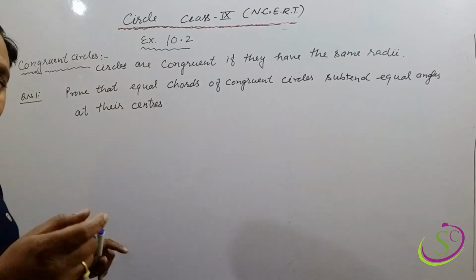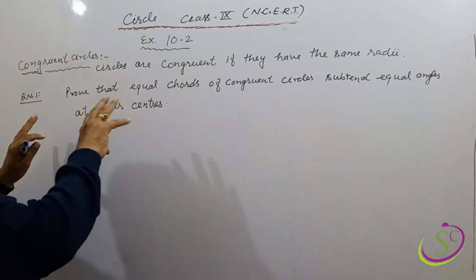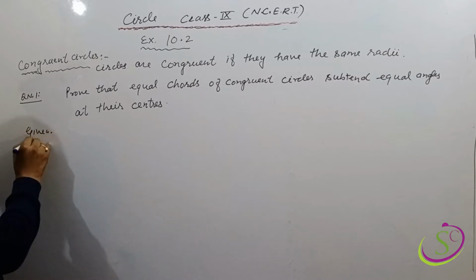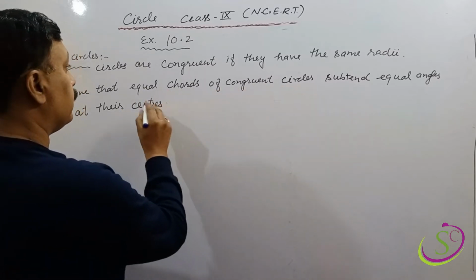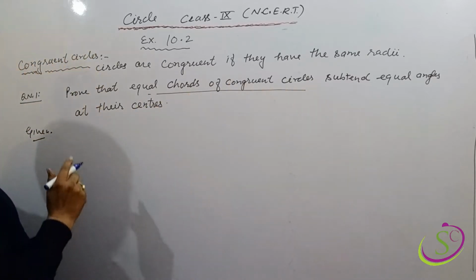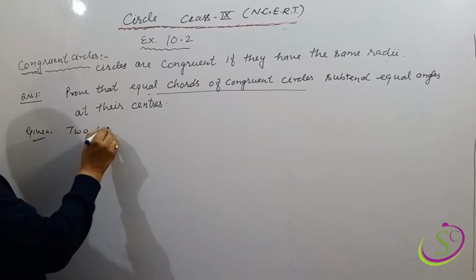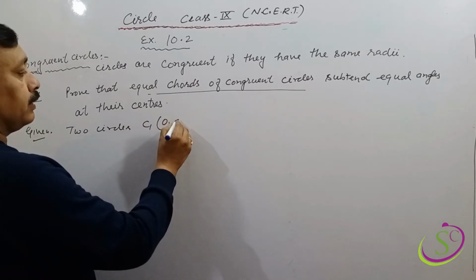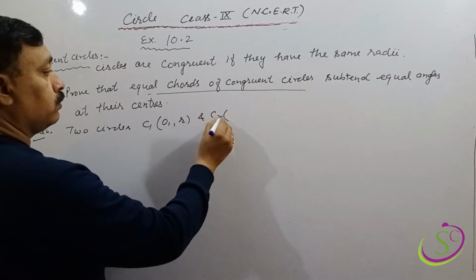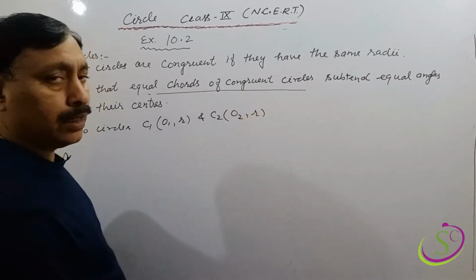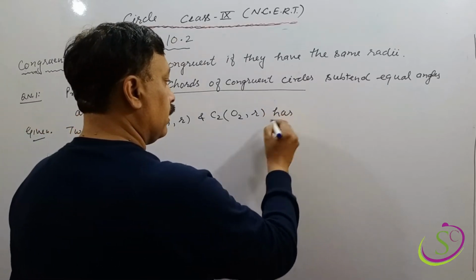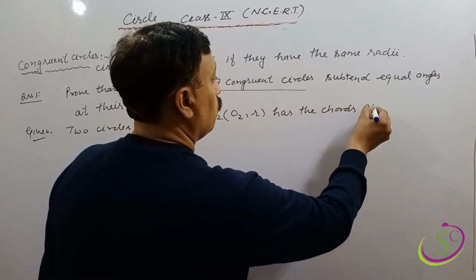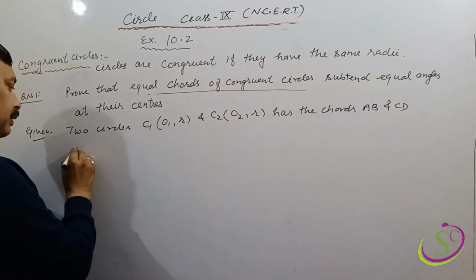So first of all we have to write the given portion. In this, after reading the statement, what we have, means given: equal chords of congruent circles, means two circles, one is C1 with center O1 and radius R, and circle C2 with center O2 and radius R, having the chords, one is AB and other is CD respectively.